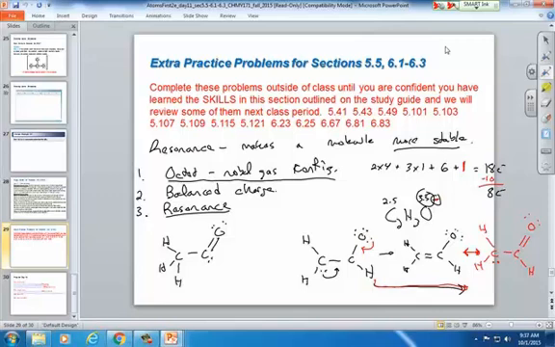So if you're looking for resonance, when you're drawing your Lewis structure, you recognize when you have more than one possibility for sharing electrons. That allows you to create more than one possible Lewis structure. When you realize those 2 Lewis structures, or 3 or 4, however many you have, are only different in the positioning of the electrons, and they're both relatively stable, because they both have noble gas configurations, you've got resonance.